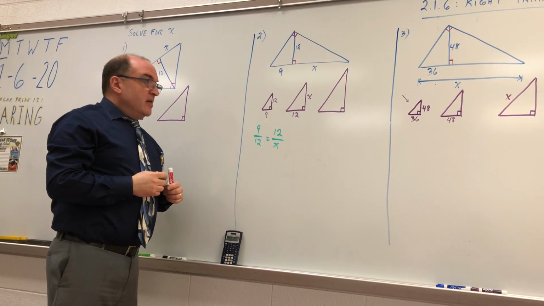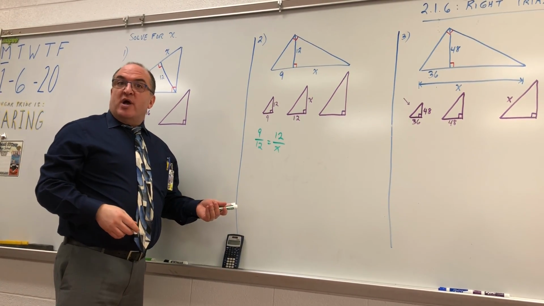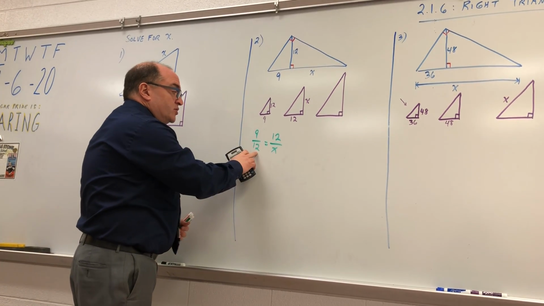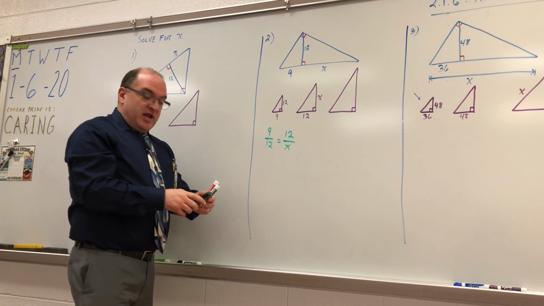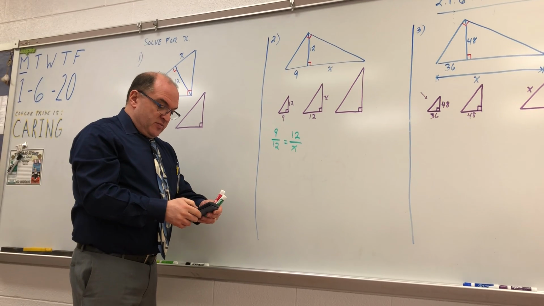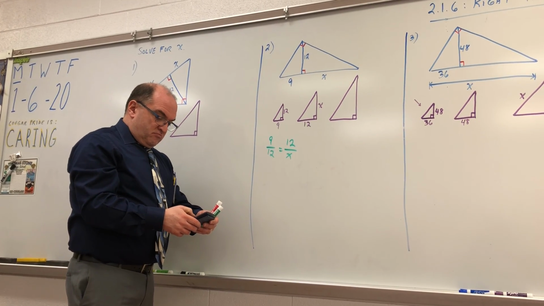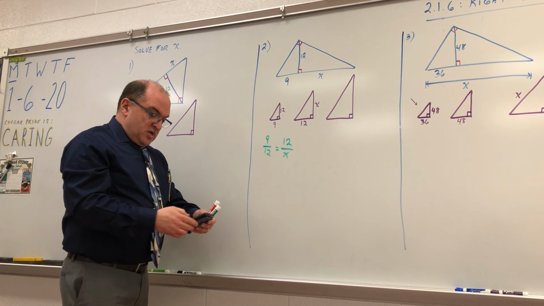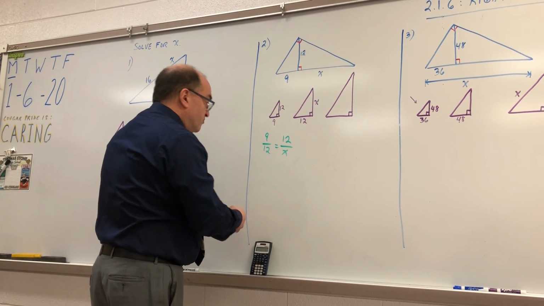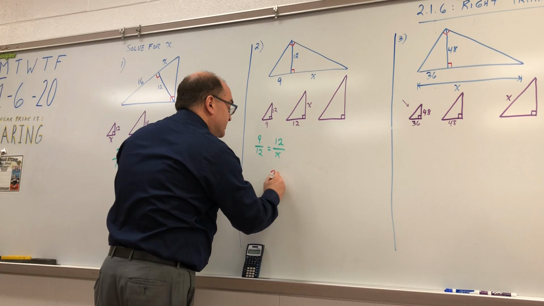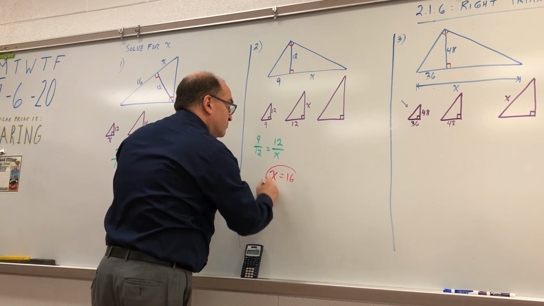In this case, what times what divided by what? 12 times 12 divided by 9, and you get 16. Easy.